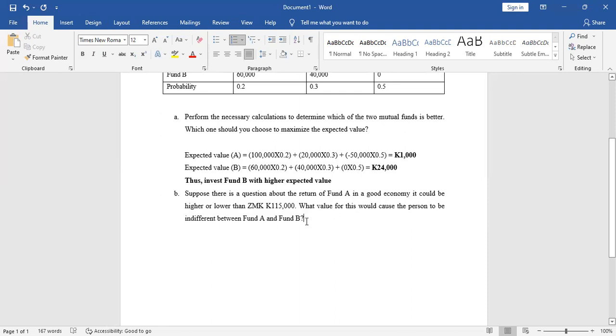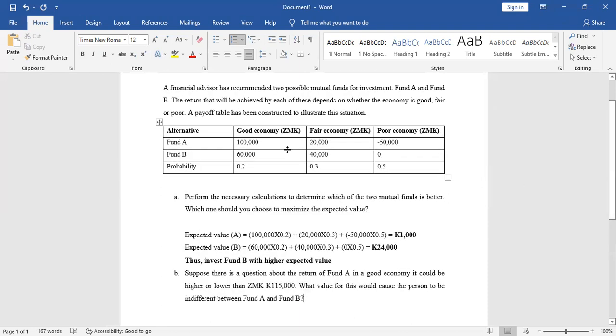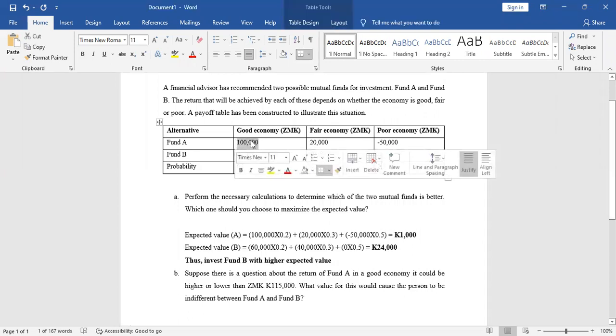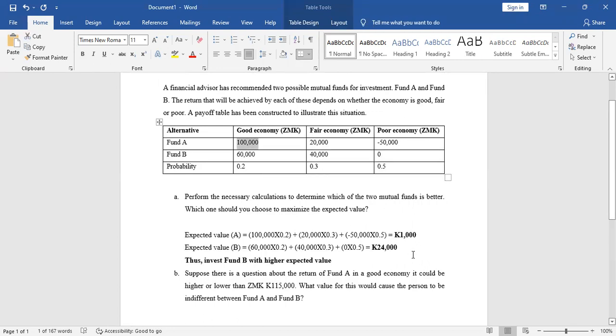When they say indifferent, we are simply saying, how much will the good-market value for Fund A change to yield the same expected value as that of Fund B? Meaning when it yields the same expected value, I'll be indifferent about the two funds, so choosing becomes difficult. I can choose either. That's basically what it means.